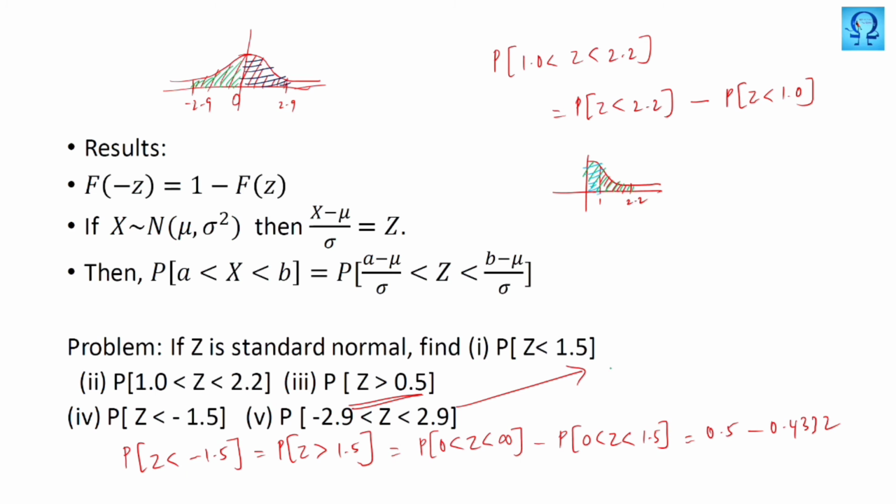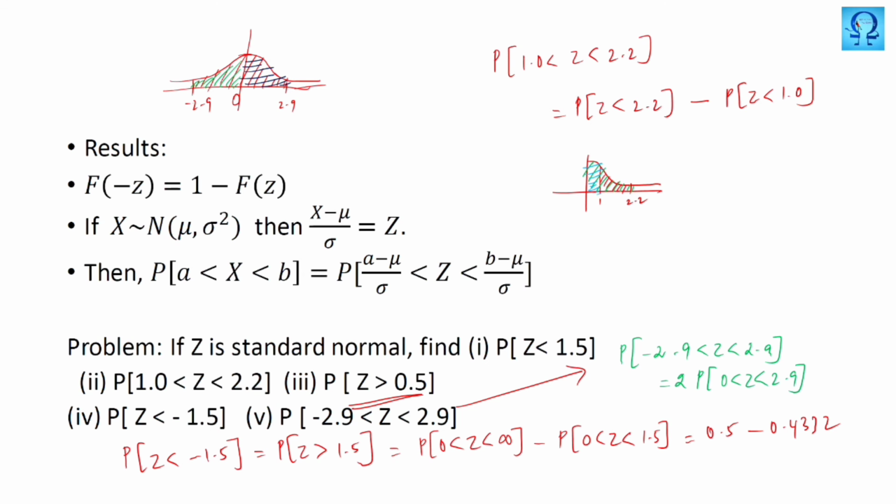So this one you can simply write as the probability of minus 2.9 less than Z less than 2.9, which is twice the probability of Z lying between 0 and 2.9. This 2.9 is available in our table.